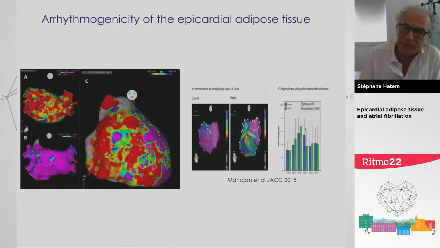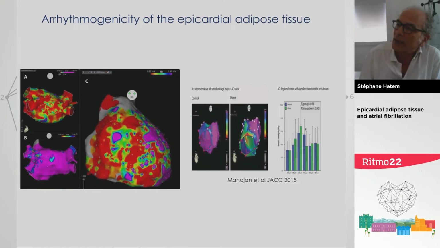The first set of answers to this question is coming from electrical mapping showing that in atrial fibrillation, like in other cardiac arrhythmia, the arrhythmogenic mechanism often originates from this epicardial area, where this epicardial adipose tissue is known to accumulate.